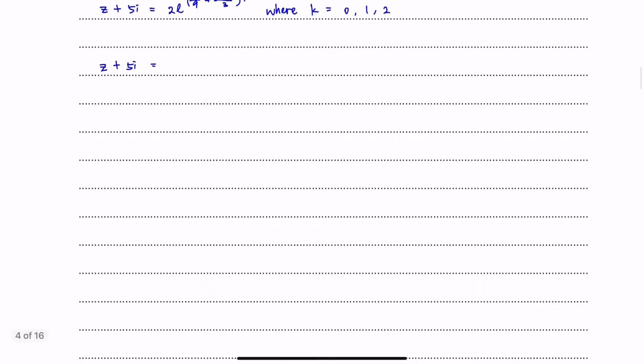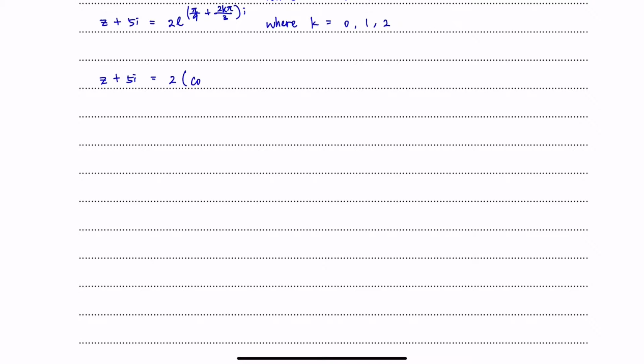So the first one will be 2 times cos pi over 9 plus i sine pi over 9, and the first root would be 2 cos pi over 9 plus the imaginary part, which is 2 sine pi over 9 minus 5. Minus 5 is basically you move this to this side. So this will be the first root.